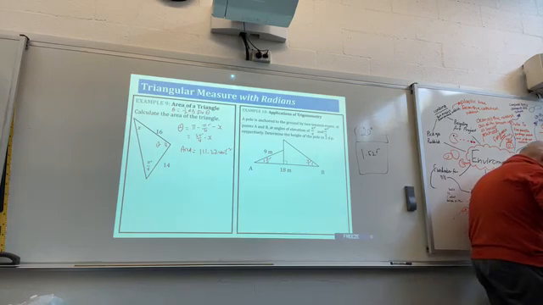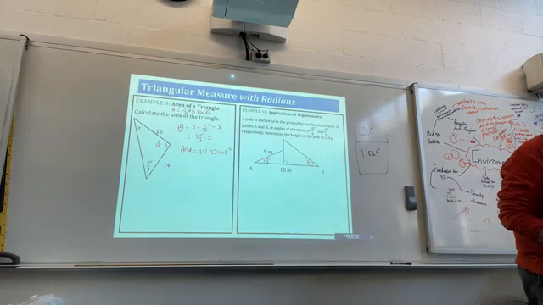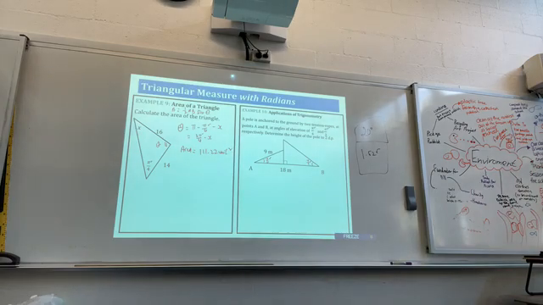Just remember, you cannot find h straight away. You've got to define one or two other measurements before you can do it. You've got all the information there you require. The two angle of elevations.